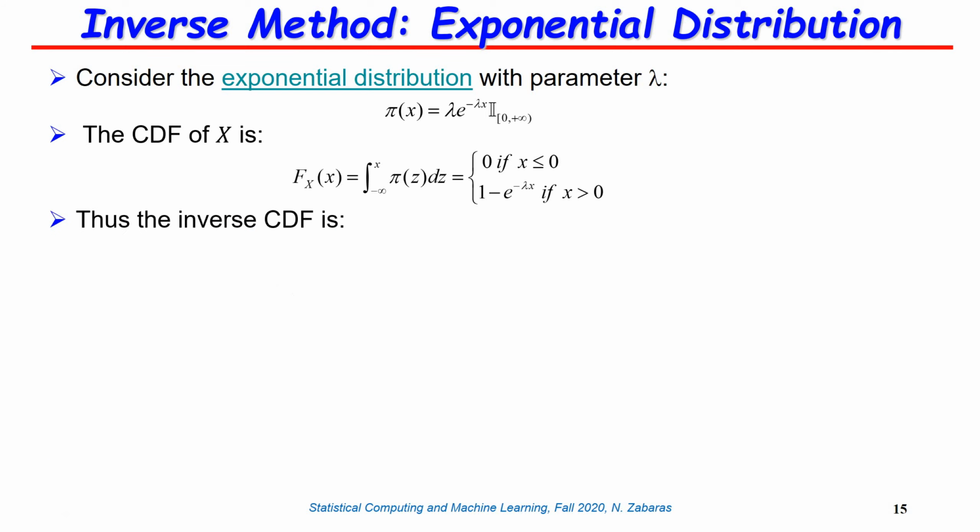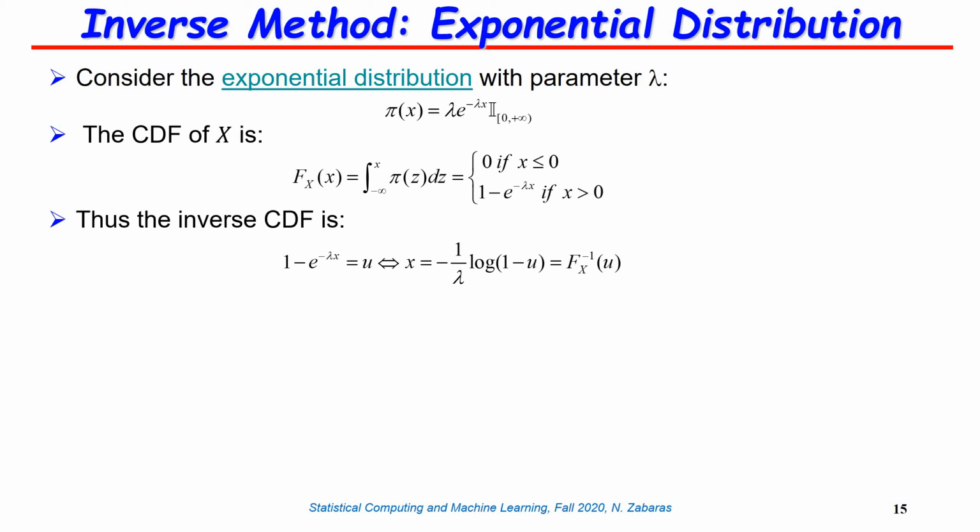So this is what I literally do here. I set this to u, where u is a sample from 0 to 1. Then I solve for x, and I get minus 1 over lambda log of 1 minus u. So that's my inverse CDF computed at u. And you know now that this is a sample from the exponential distribution.